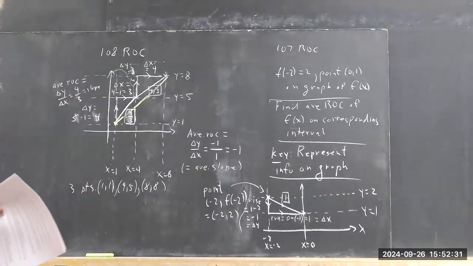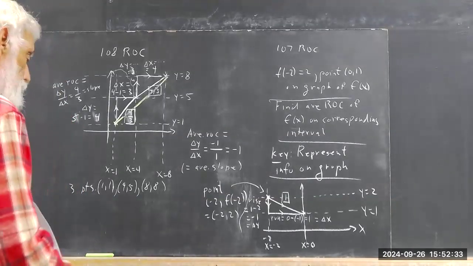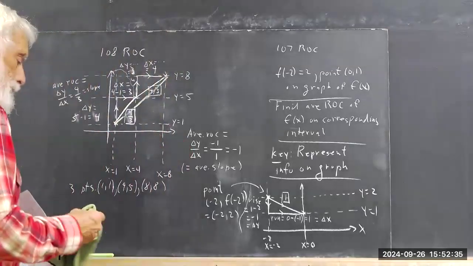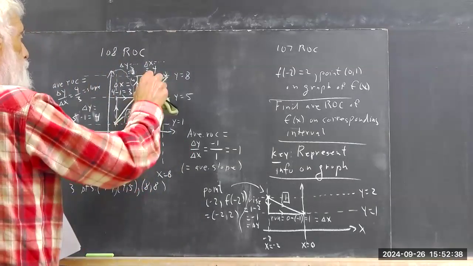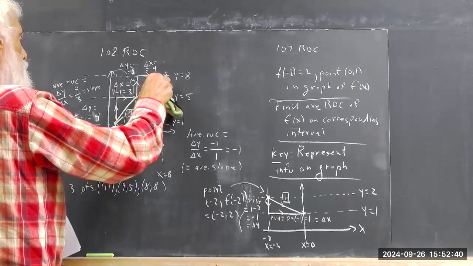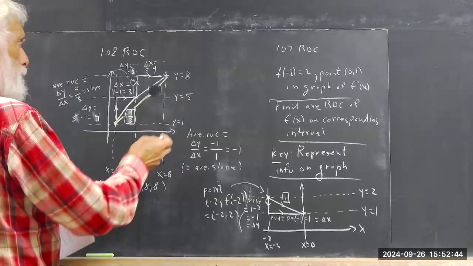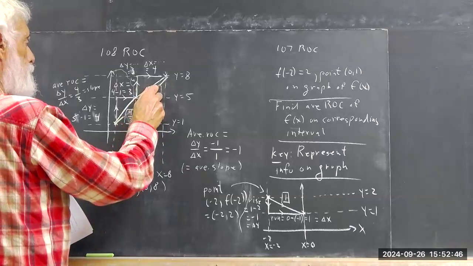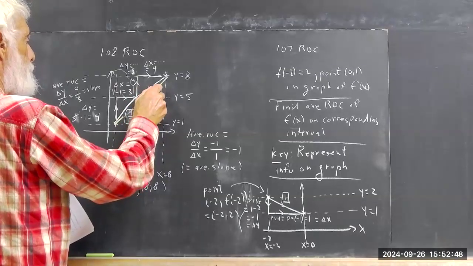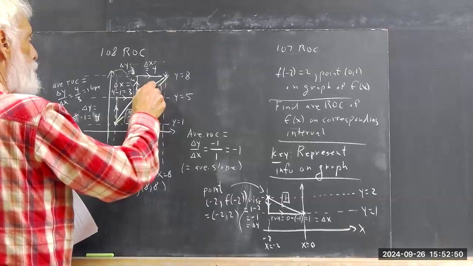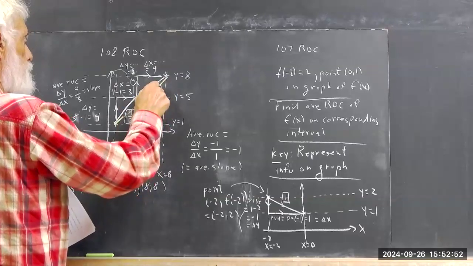3/4: rise is 3, run is 4. And the slope here is 3/4.